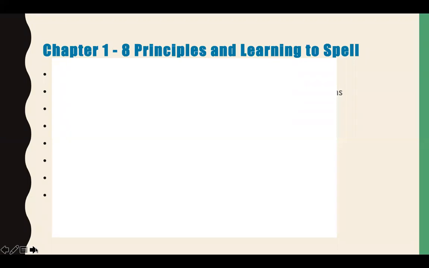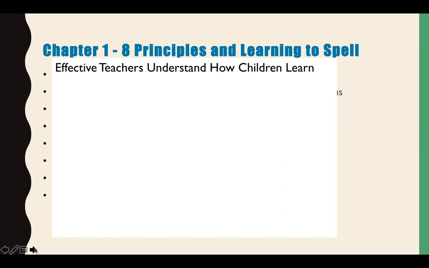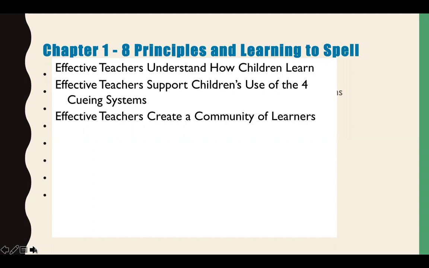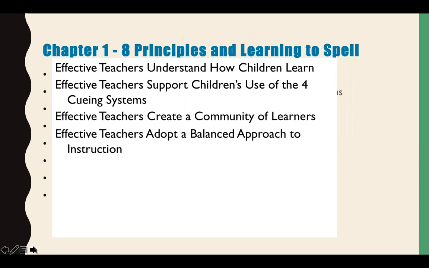So chapter 1 gives us 8 principles, and they all apply to learning to spell. Right? So we need to understand how children learn. How do they learn to spell? How do we use the 4 cueing systems in supporting children's spelling? How do we create a community of learners?